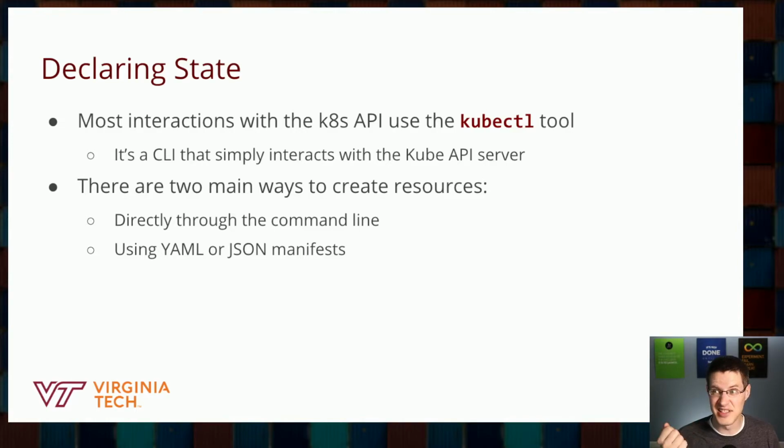At the end of the day, it's a CLI that interacts with the Kube API server. So it's making an API request, and then it formats the JSON data that it gets back into a command line interface to just make it easy to see and interact with. Okay? And there are 2 main ways to create the resources. We can either do it directly through the CLI or use the manifest files that I talked about earlier. We'll start off first through the command line, and then we'll transition to using the YAML or the JSON manifest.